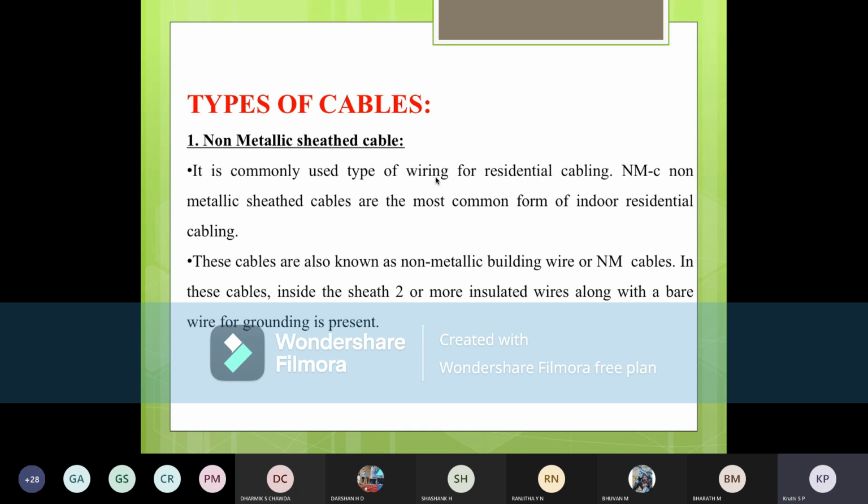In these cables, inside the sheet, 2 or more insulated wires along with a bare wire for grounding are present. The grounding is given in this kind of cable.